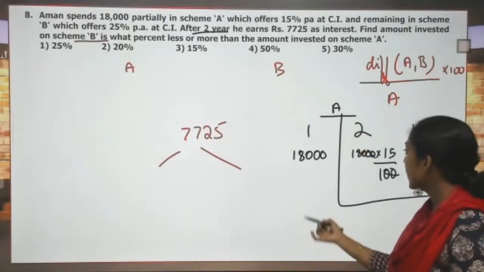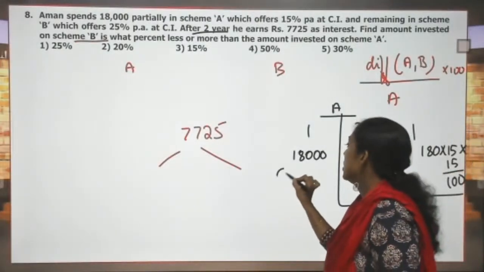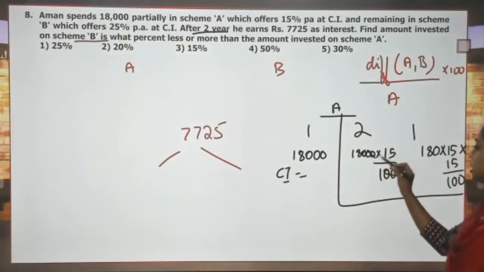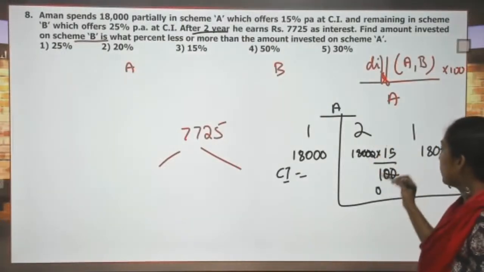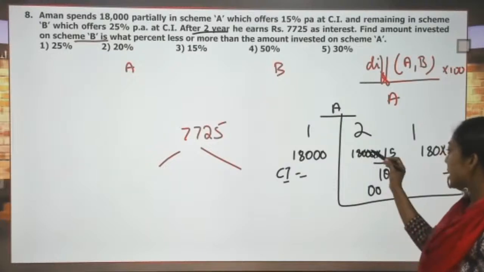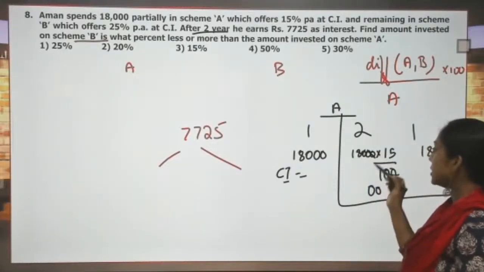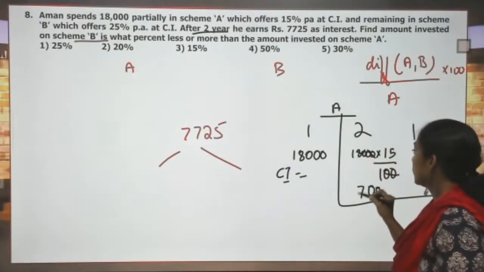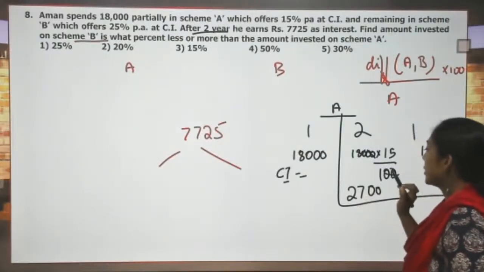Now let's find that compound interest. 180 into 15 is 2,700.